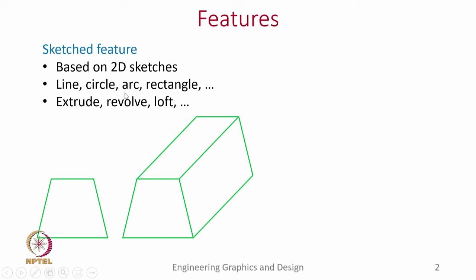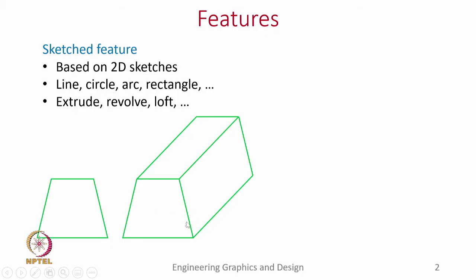Once we are done creating this sketch, we have a profile. Then we can use that profile to create a feature such as extrude. The example we show here is an extrude, where the cross section is constant, so extrude will develop a solid with the same cross section for a specified depth.